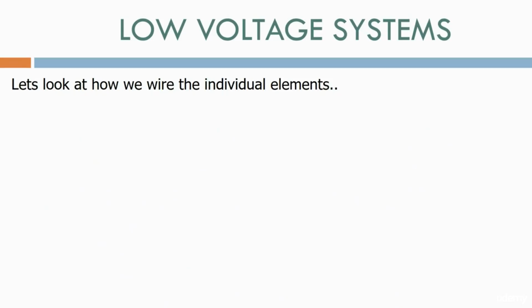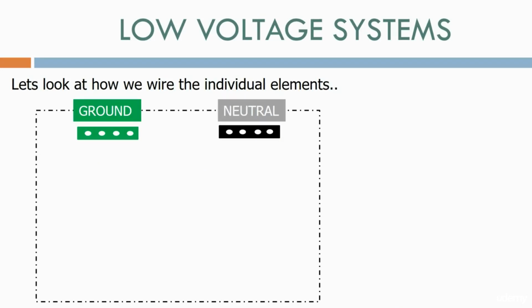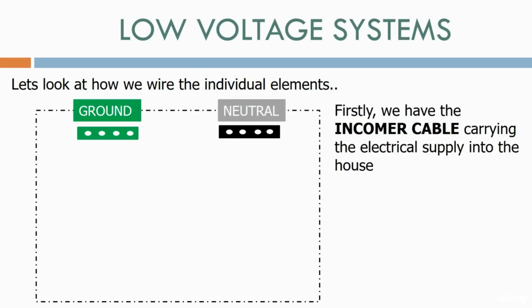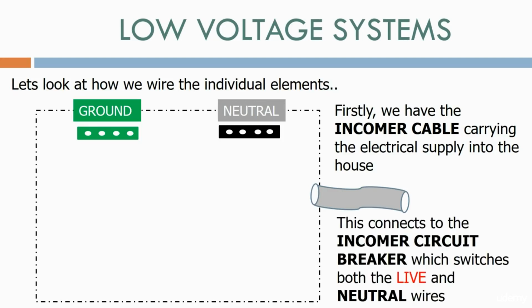Let's look at how we wire the individual elements. Firstly, we have the incomer cable, carrying the electrical supply into the house. This connects to the incomer circuit breaker, which switches both the live and neutral wires.